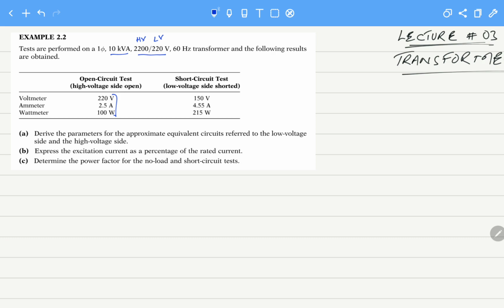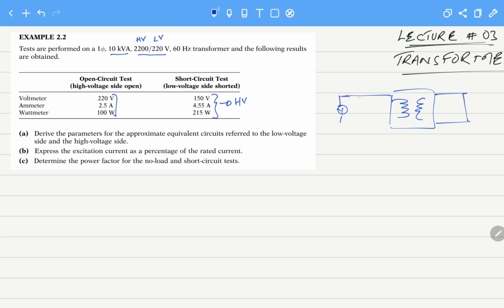Now for the short circuit test, the low voltage side was short circuited and these values were measured at the high voltage side. The confusing aspect is not that confusing if you concentrate a little bit.